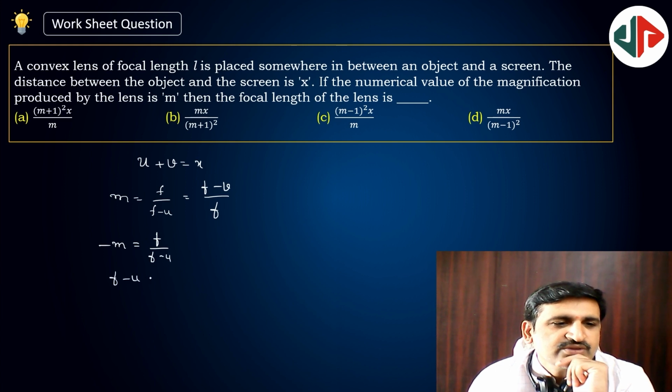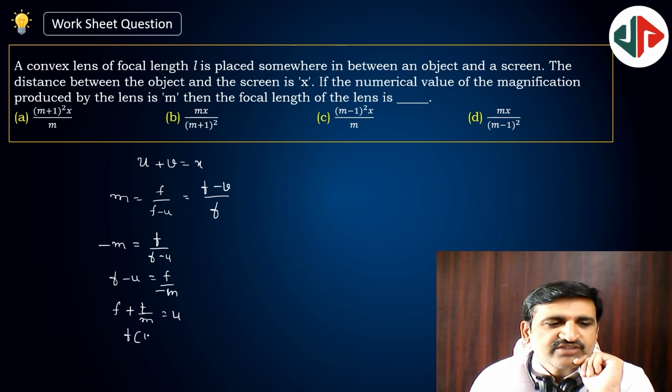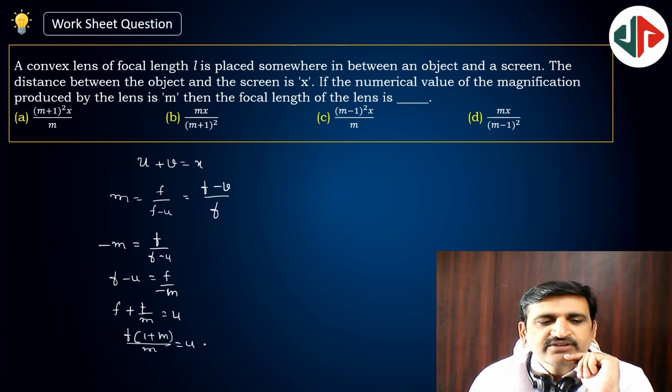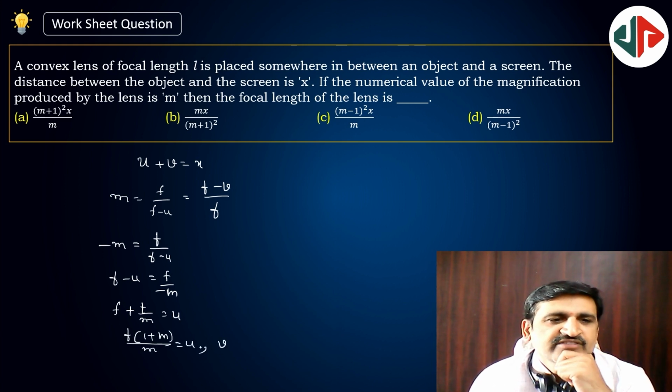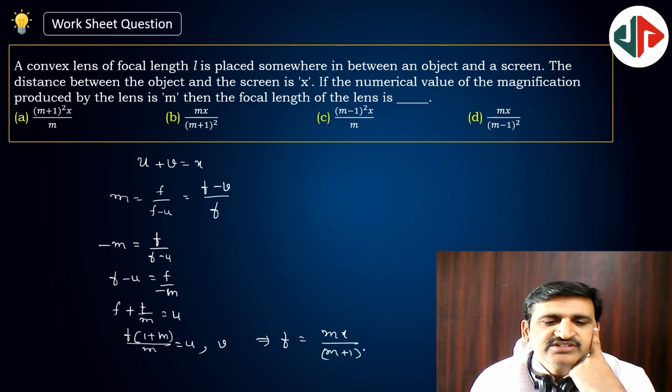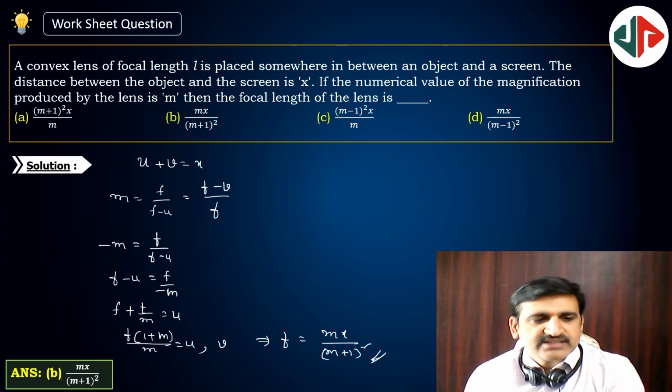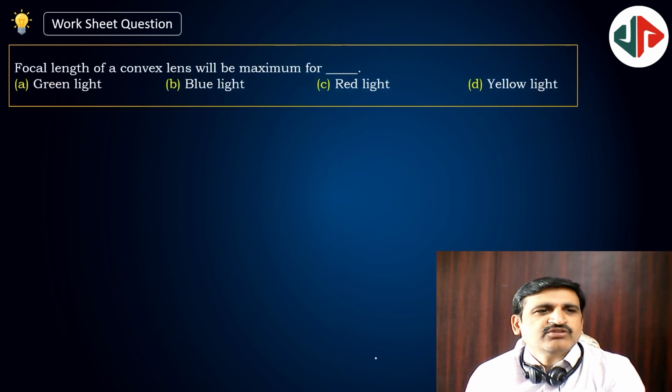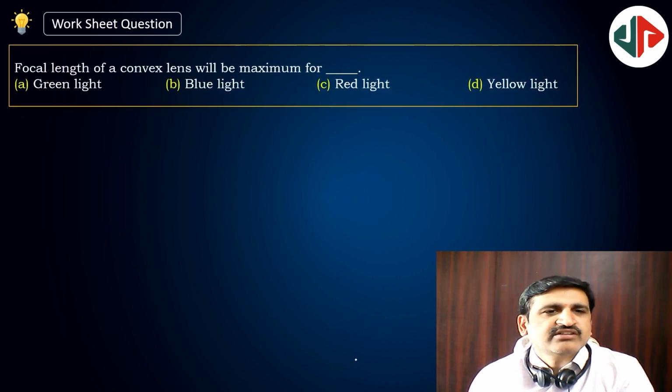So F minus U is equal to F by minus M, and U is equal to F plus F by M. So this is F of (1 plus M) by M, that is equal to U. Similarly, you can get V, and then adding that and this to X, obviously you are going to have focal length F is equal to MX by (M plus 1) whole square, isn't it? MX by (M plus 1) whole square.